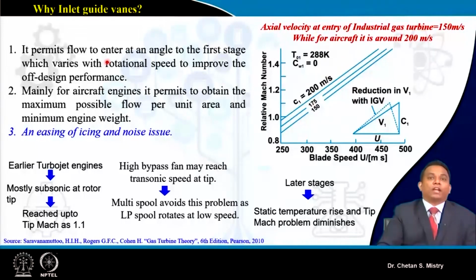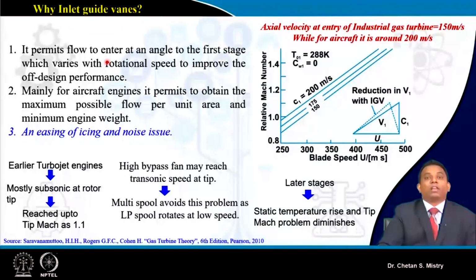So under all these conditions, it may be possible that the rotational speed of your compressor varies. Under that condition, you are looking for your thrust to be enhanced, and that is controlled by using these inlet guide vanes. For this purpose, these inlet guide vanes are made variable inlet guide vanes.